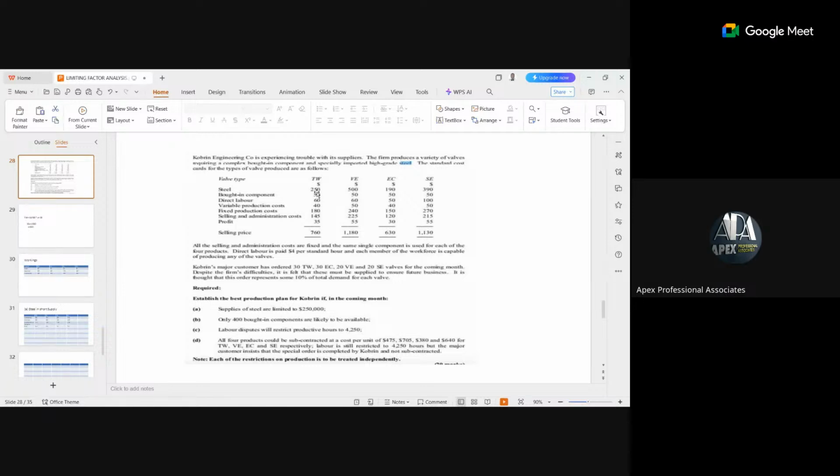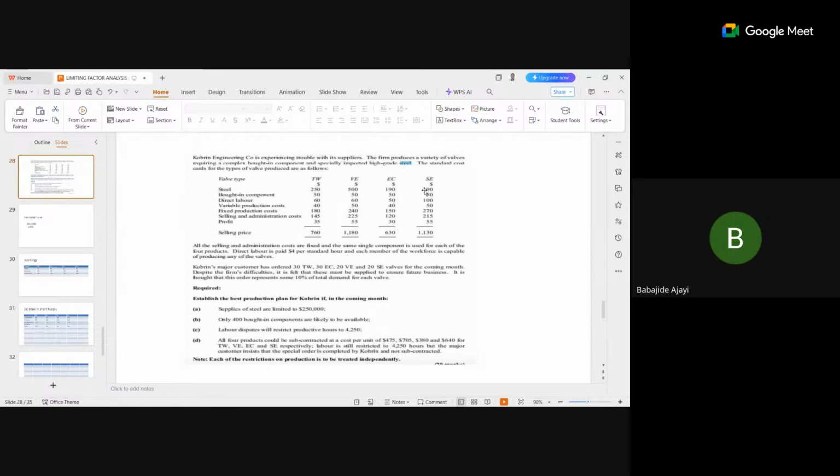It is the cost per unit. This is a cost card. How much am I buying one steel? For TW, 250. For VE, it's 500. For EC, 190. For SE, 390. Okay, sir.